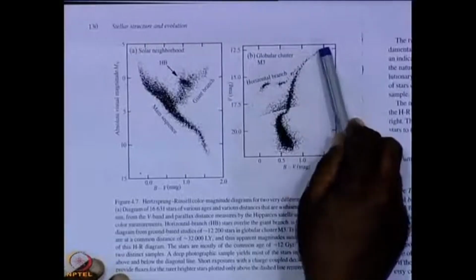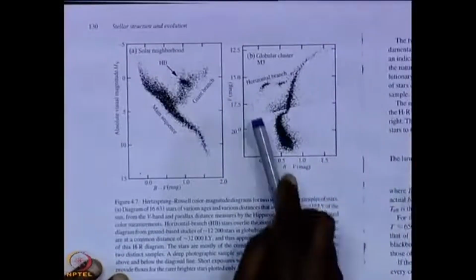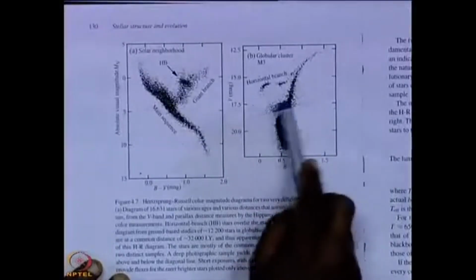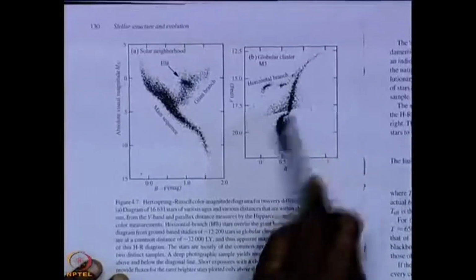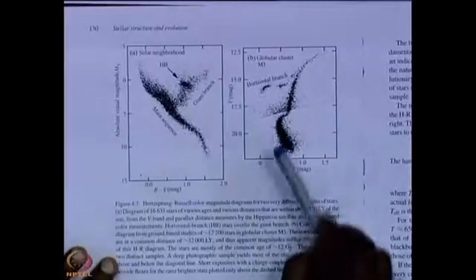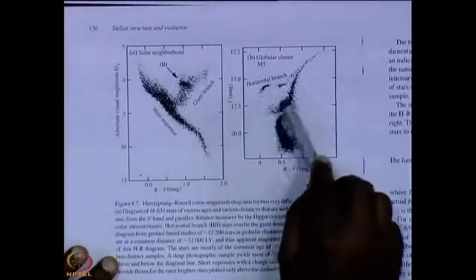Okay, so this seems to indicate that there is some relation between these, and if you look at different globular clusters, you will then see that this turnoff occurs at different places.